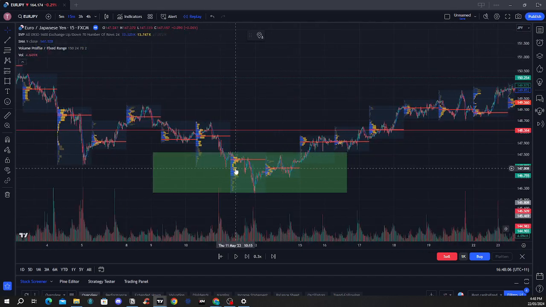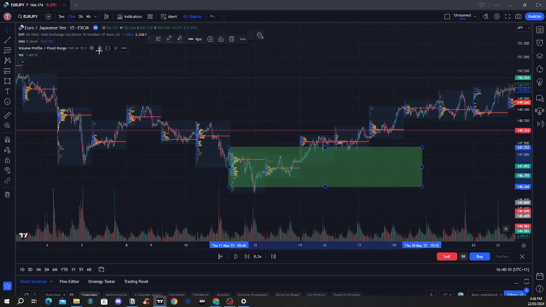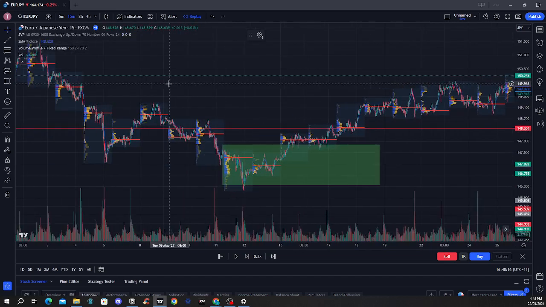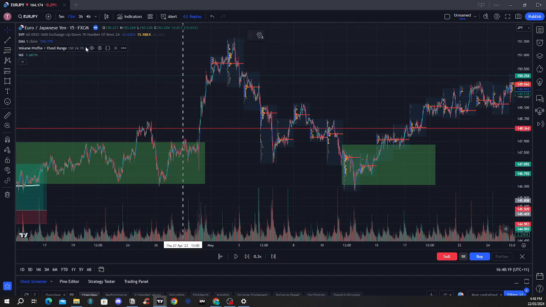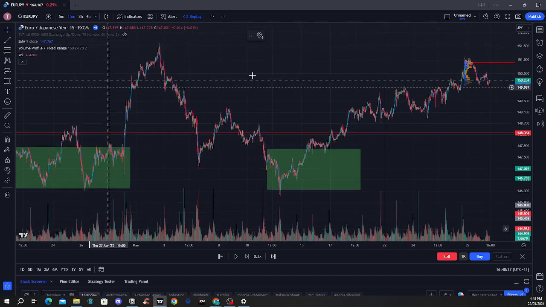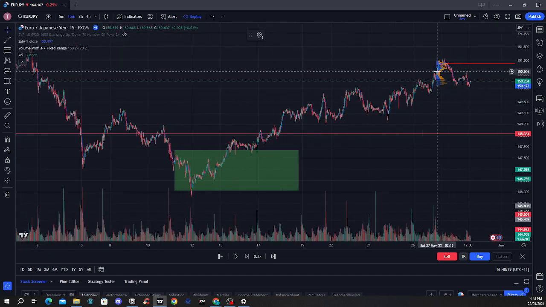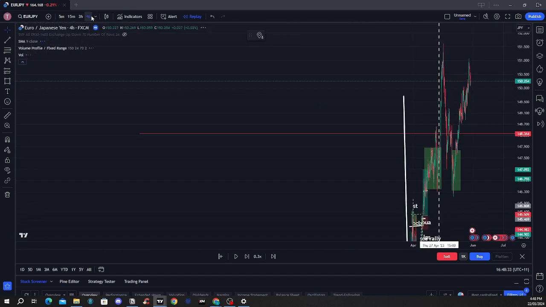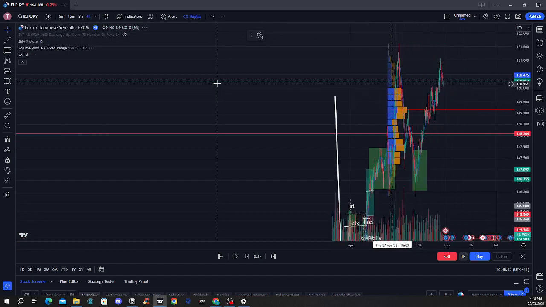Where is the... So interestingly, I don't seem to have a fixed range volume profile. Oh, actually, let's scroll across to see. Okay, so the fixed range volume profile is up here. Bit of a bugger.